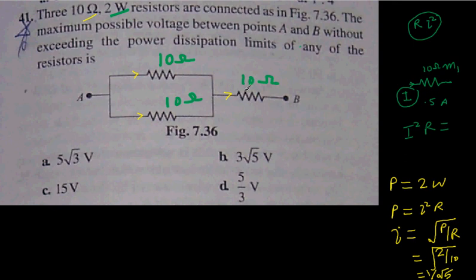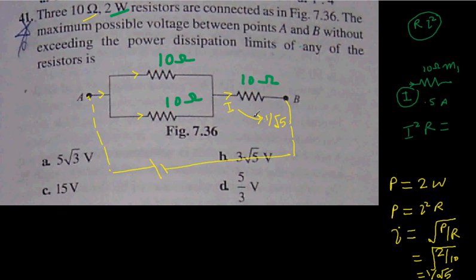It means this I should be equal to 1 by root 5. Sorry, not root 2, root 5. It should not be more than that. If you put some voltage difference, some battery, then the total current which this battery can supply should not exceed 1 by root 5.